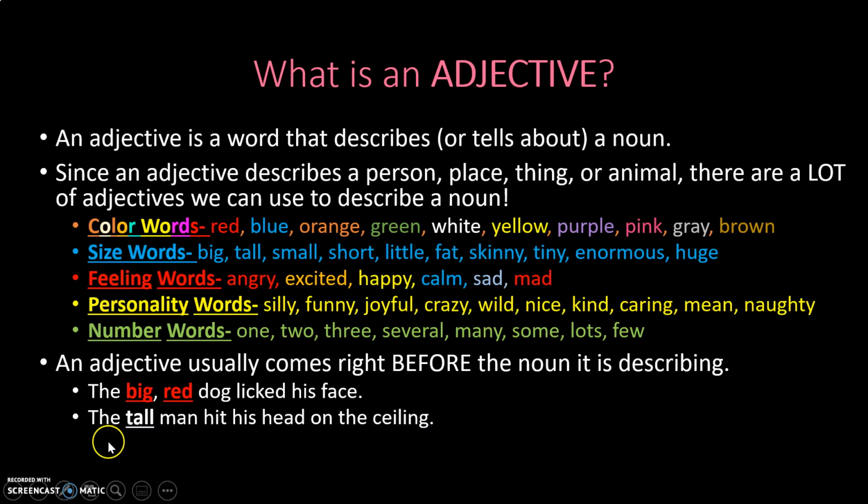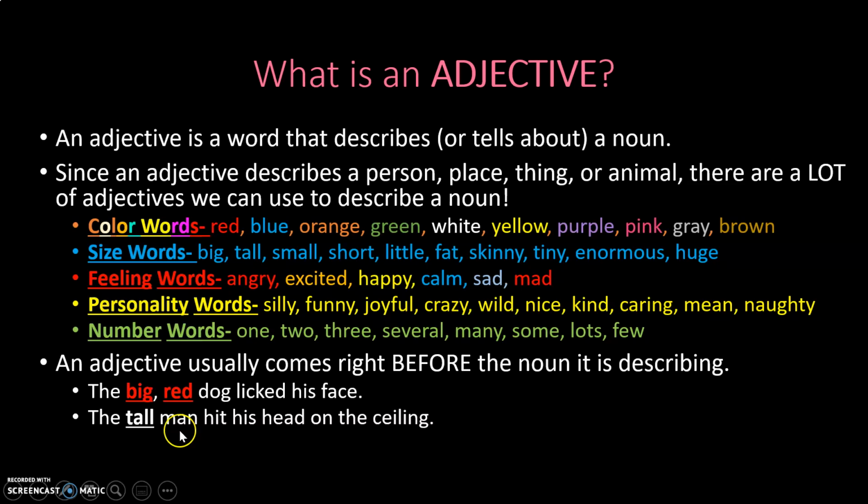And here's another example. The tall man hit his head on the ceiling. Read that with me. The tall man hit his head on the ceiling. What is the adjective in this sentence? If you said tall, kiss your brain. Tall is the adjective. What is the noun, which is the person, place, or thing in that sentence?